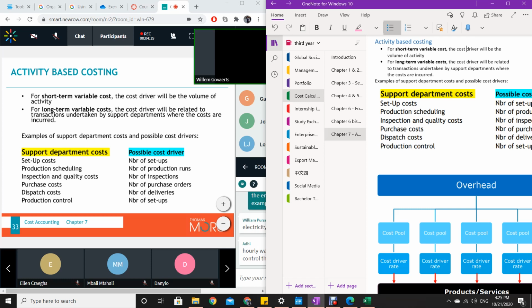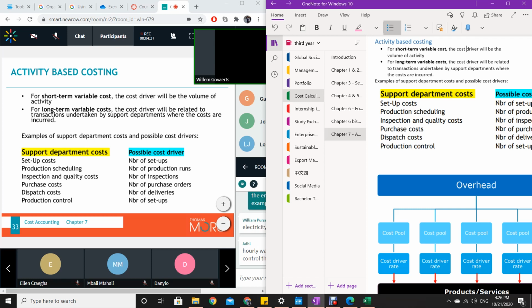Yeah, so also let's say the hourly wage of the people who control the quality. This is indeed also a possibility, but we should try to find it back also to the product that consumes the activity.